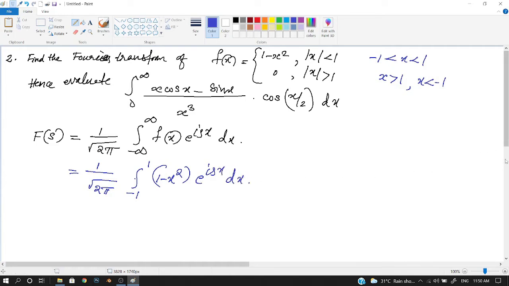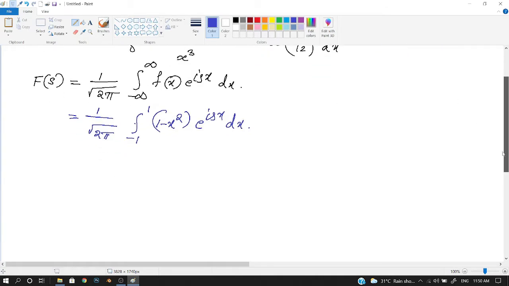Now we can apply integration by parts here.